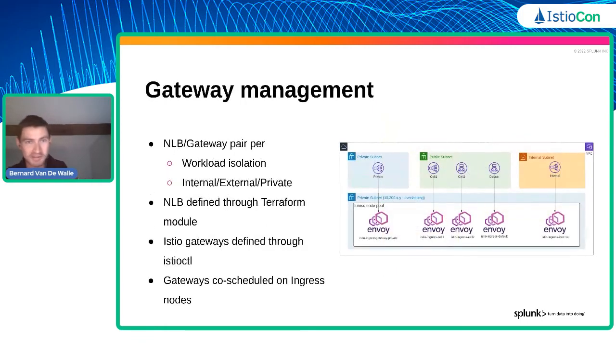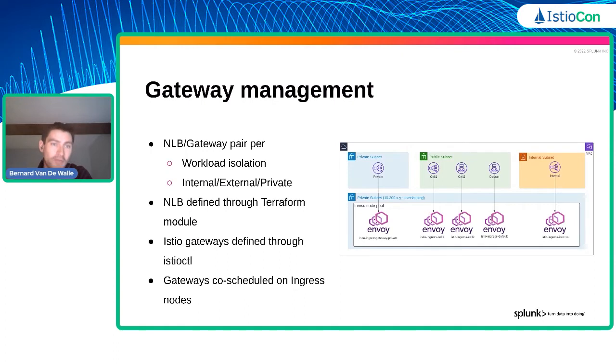Okay, another interesting part of deployment is how we manage gateways. And this is probably one of the things we tweak the most out of istioctl. We always deploy, obviously, an NLB and a gateway pair together. And we deploy a lot of those pairs for multiple reasons. One of those is because we want some level of workload isolation. So typically, if we want to isolate some type of workload, we will deploy those on different NLBs.